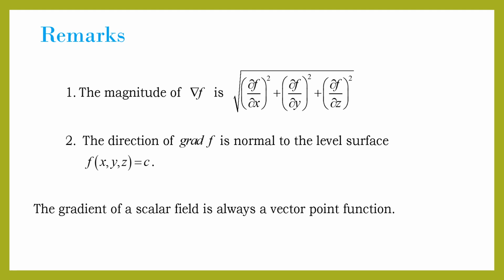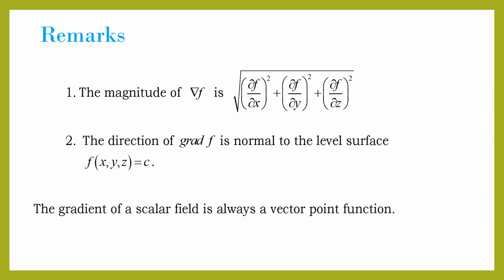Now, what is the magnitude of this del f? The magnitude of del f can be interpreted in two ways. But let us restrict ourselves to this formula only. The magnitude of del f is given by the formula norm of del f equals the square root of (∂f/∂x)² plus (∂f/∂y)² plus (∂f/∂z)².